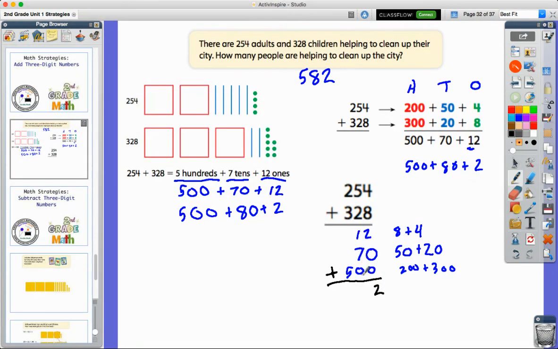I can look at all the numbers in my tens place. I have a 7 and a 1, so that's a total of 8 groups of 10. And then I only have that 5 in the hundreds place. So I still have my answer of 582. We saw all of that up here in these other 2 examples, but here we're starting to stack it up vertically instead of looking at it horizontally.